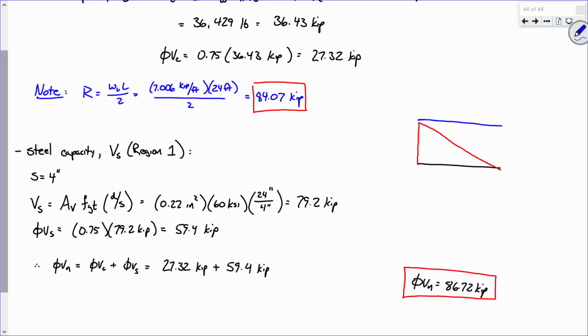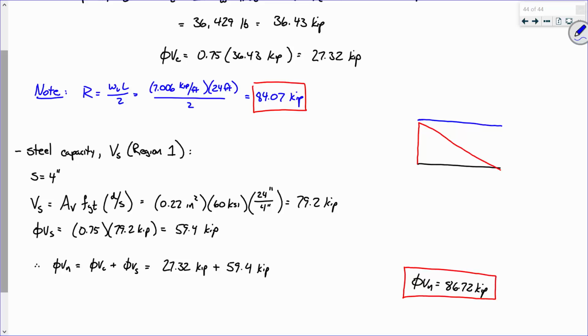But wouldn't you agree, if I used that same stirrup spacing from end to end, that I would have some massively over-designed sections in the center of the beam? The center of the beam's hardly seeing any shear at all. Do I really need to use that many stirrups in the center? No, I only need to use that many stirrups right here at the end. You see what I mean?